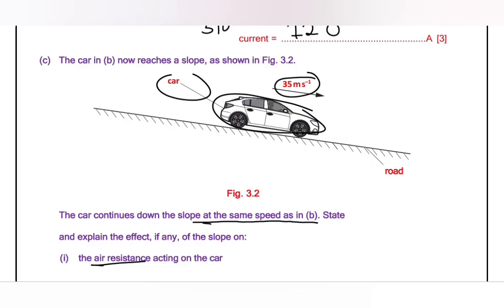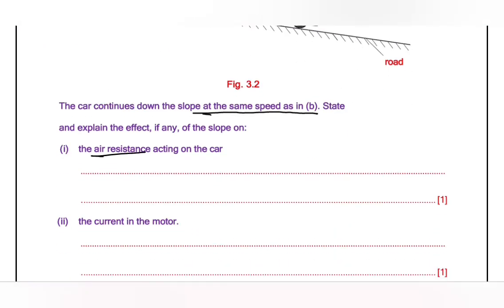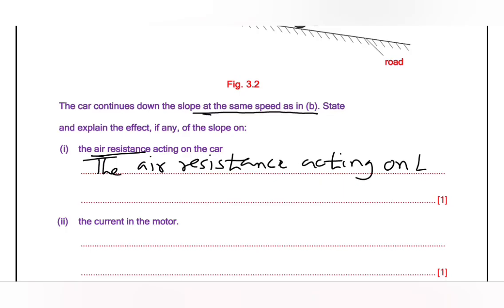It remains the same. So we can deduce that the air resistance acting on the car does not change. That's the answer to C1.